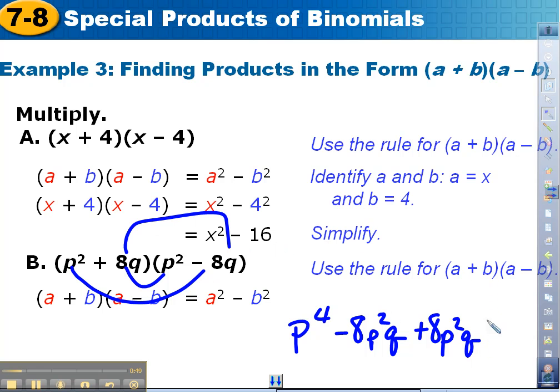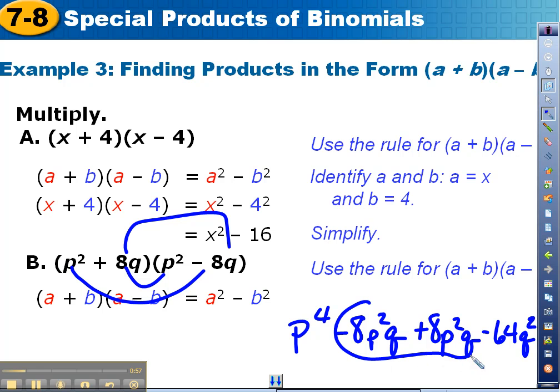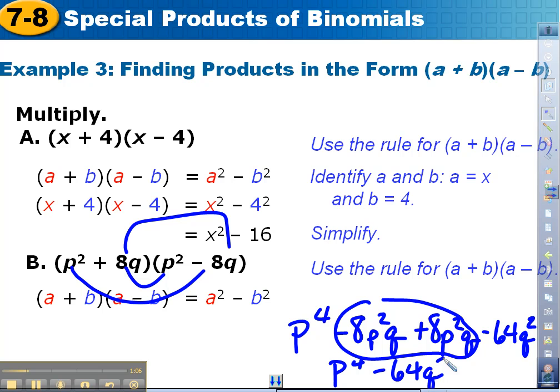Multiply your last two terms together. What happens when you combine like terms right here? They cancel out, and you're left with p to the fourth minus 64q squared.